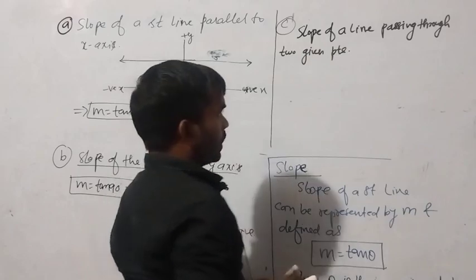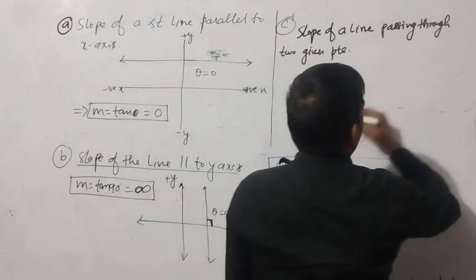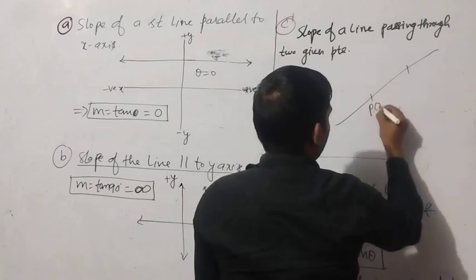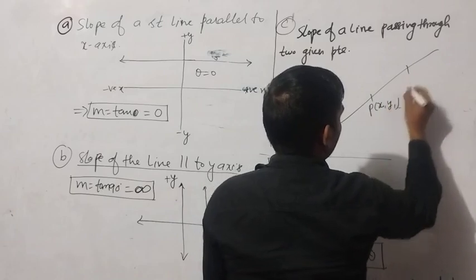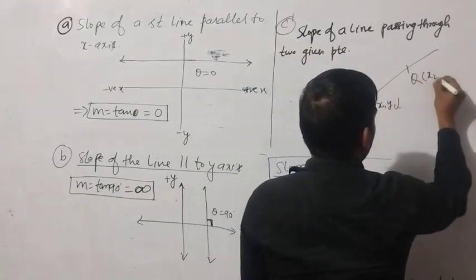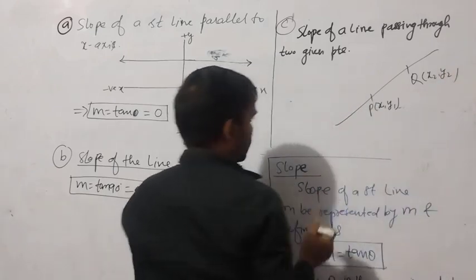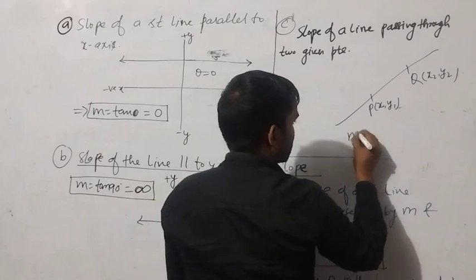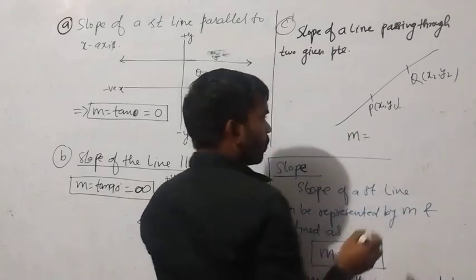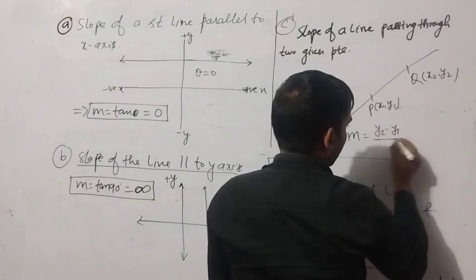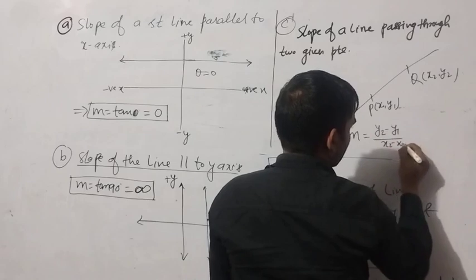So let's suppose we have given a line like such, which is passing through point P x1 y1 and point Q x2 y2. Then we can simply calculate the slope of the line with the help of this formula, that is m is equal to what? Y2 minus y1 upon x2 minus x1.